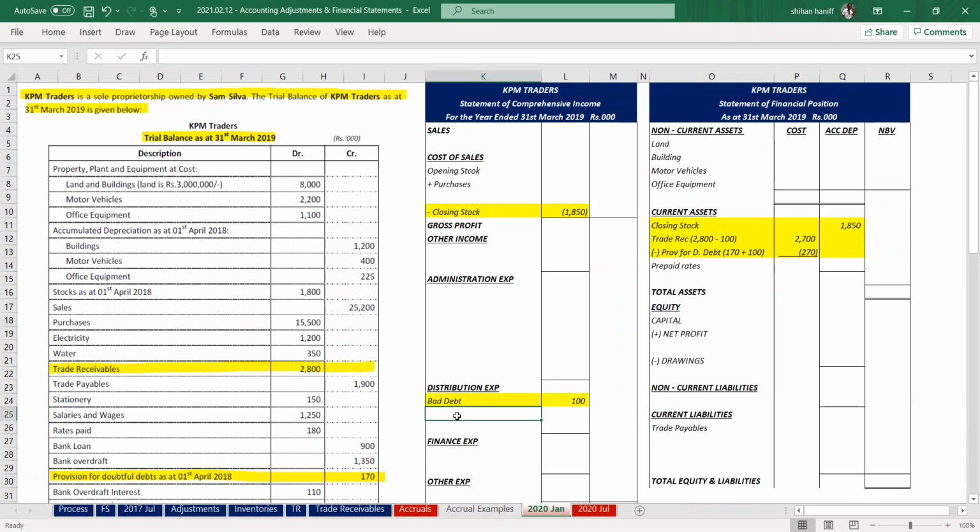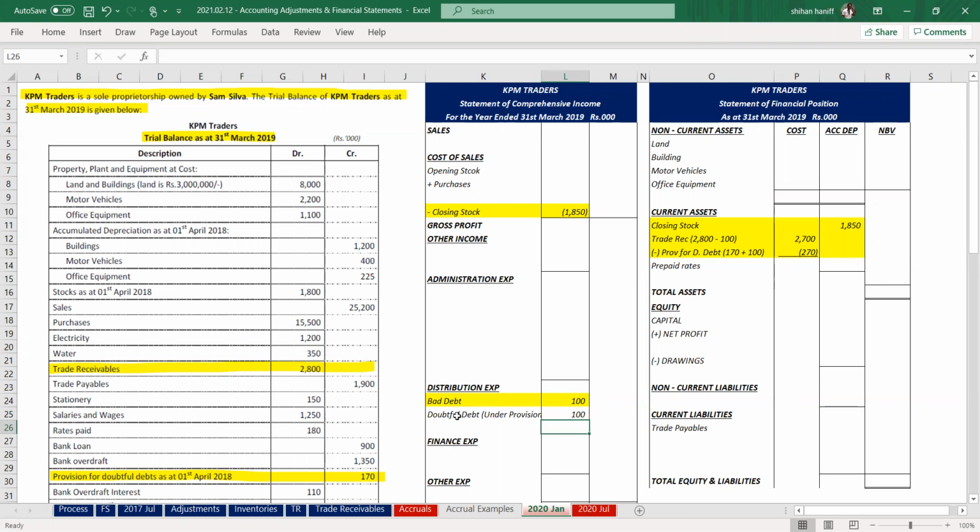So which is a distribution expense, doubtful debt, under provision. Under provision is 100.